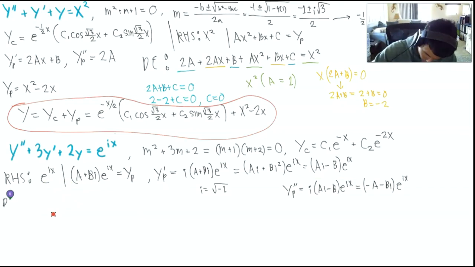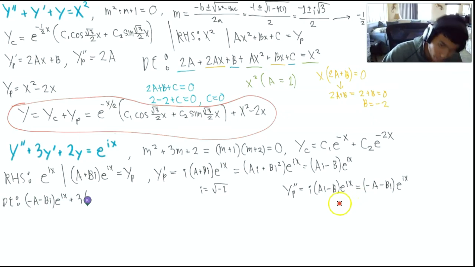So our DE will be negative a minus bi, e to the ix, plus 3 times ai minus b, e to the ix, plus 2 times a plus bi, e to the ix.